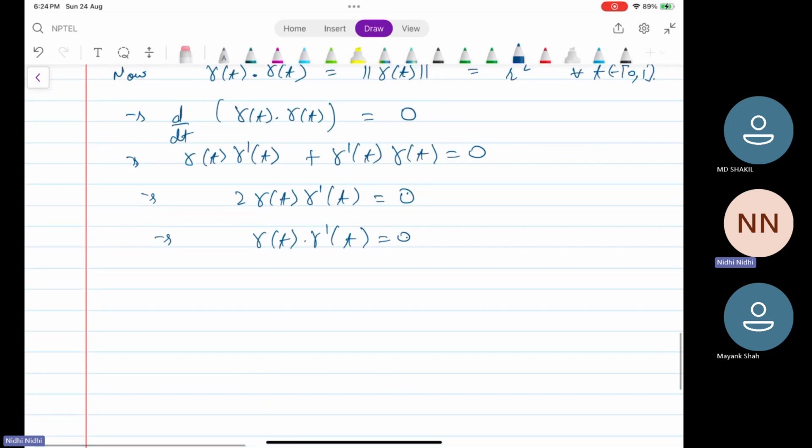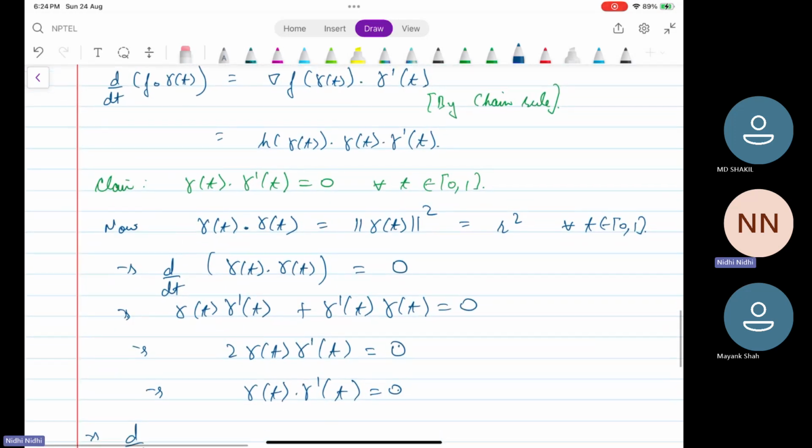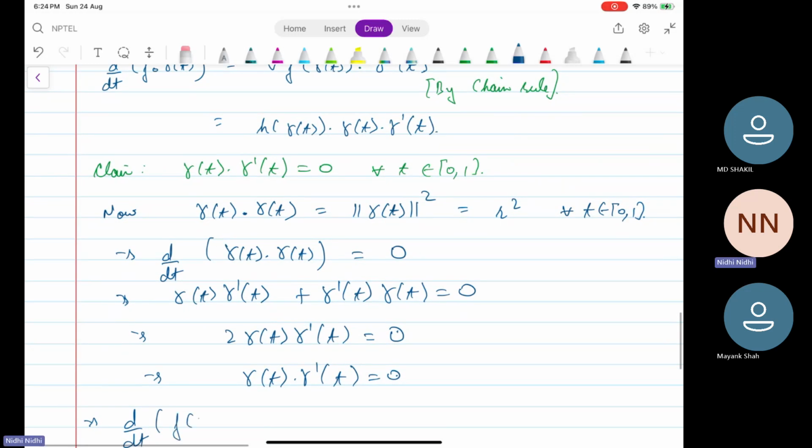Now this implies d by dt of f of gamma t is equal to h(gamma t) times gamma t dot gamma dash t. This is equal to 0. Now this gamma was an arbitrary continuous map from the closed interval 0, 1 to S_R. We can construct it in any way.